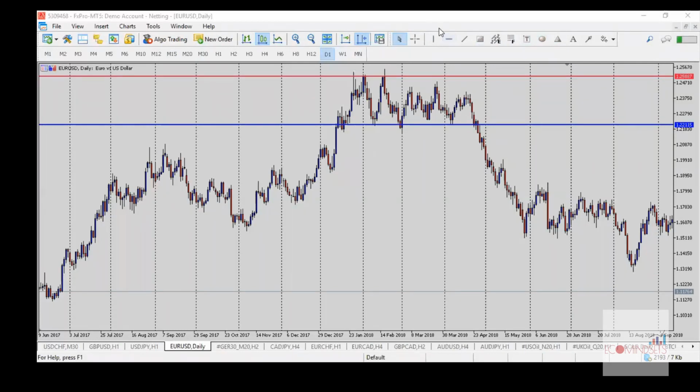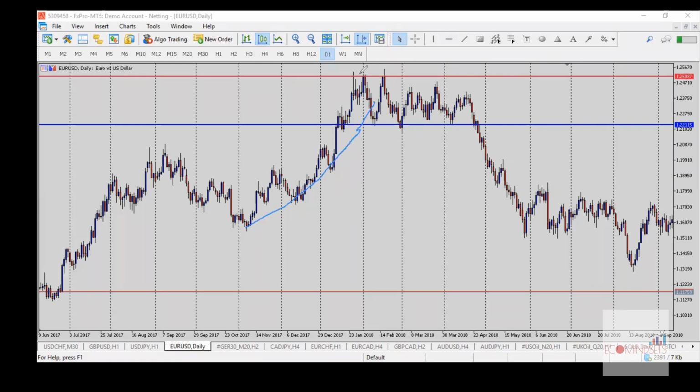Price was moving from the downside here upward. And once price entered over here, price began to range.